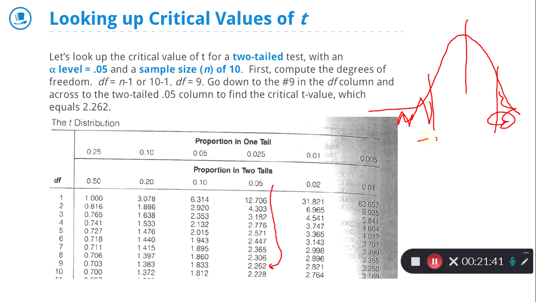Negative 2.262 for that one. Positive 2.262 for that one. So we would reject the null hypothesis if the t we obtain is less than negative 2.262 or greater than positive 2.262.